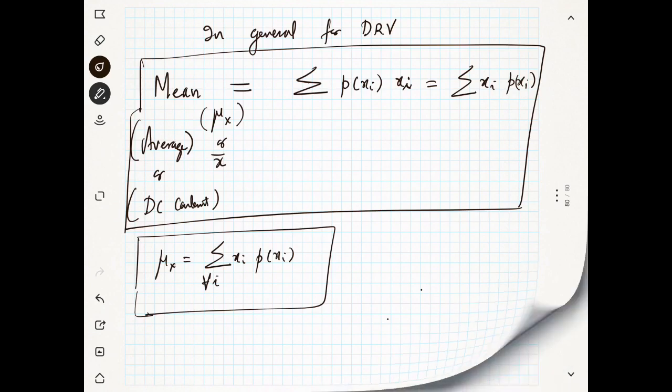Now we will see what we mean by the variance. The variance of the random variable. So the mean and the variance now. We are going to discuss the variance of the random variable. Usually it is denoted as sigma x square. So the notation is sigma x square.